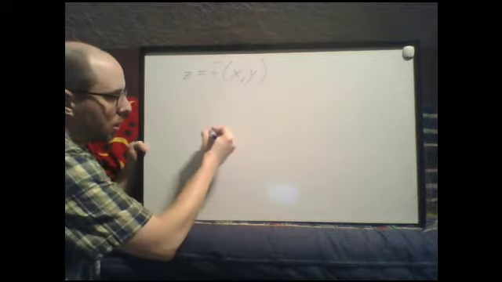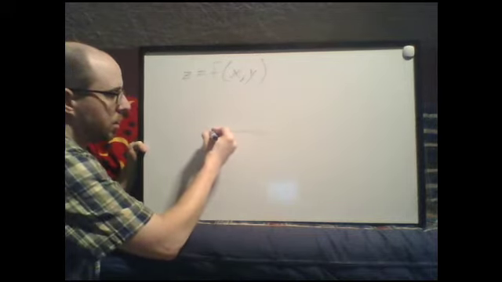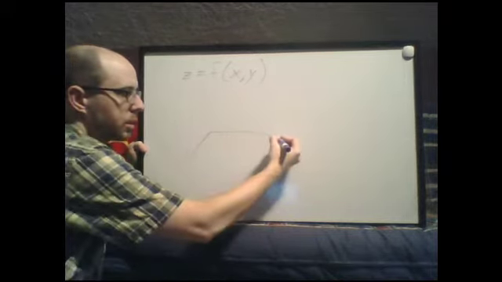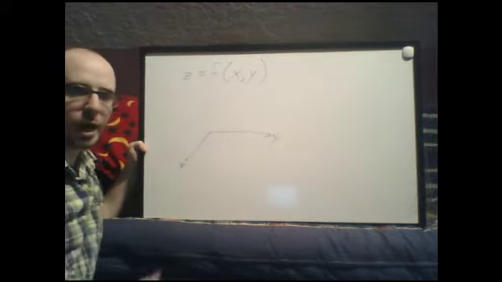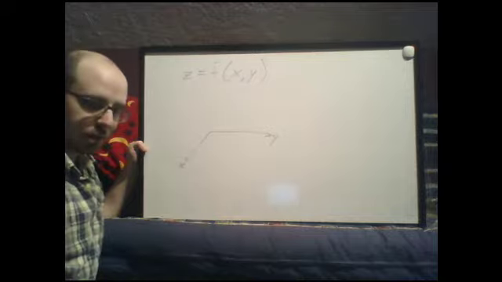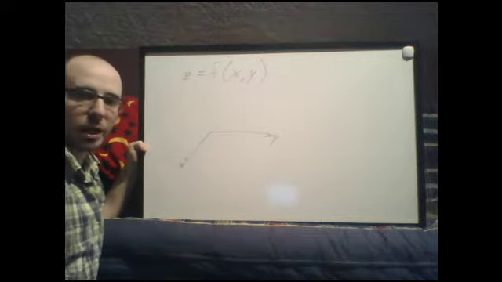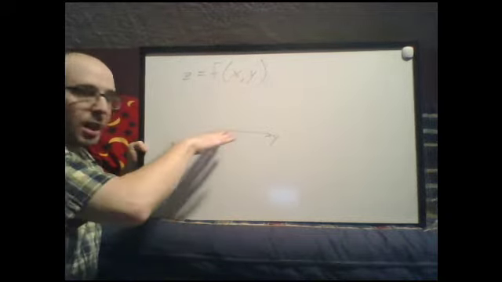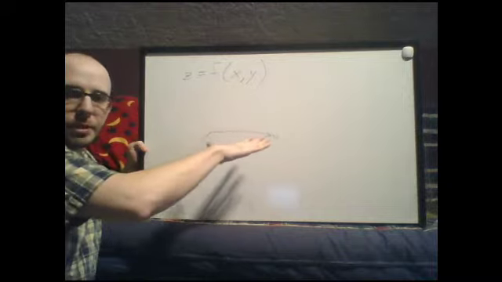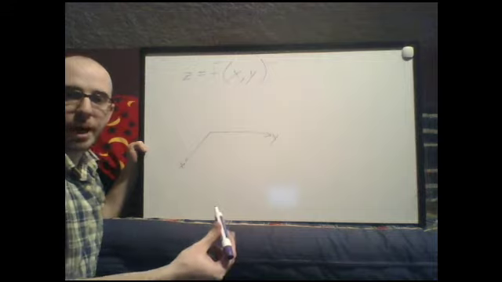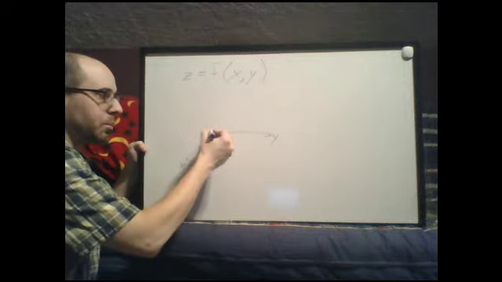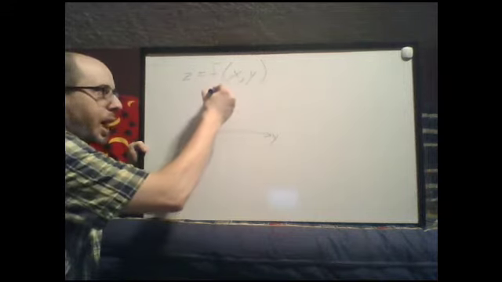So let me draw it here. The way I want to think of it is, this is going to be a three-dimensional drawing now. The x and the y axis are like the floor. The output axis, the z axis, is going to be introducing a height variable.